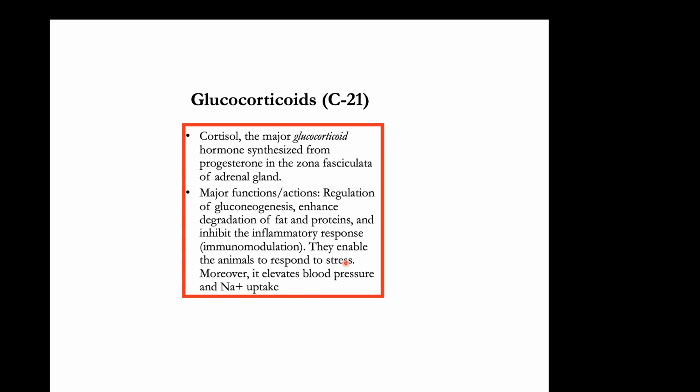They act as immunomodulators in our body, and this hormone is also responsible for responsiveness to stress. It also elevates blood pressure and sodium uptake. However, this action is primarily done by aldosterone, but in larger quantity, cortisol or glucocorticoids can also do the same job.